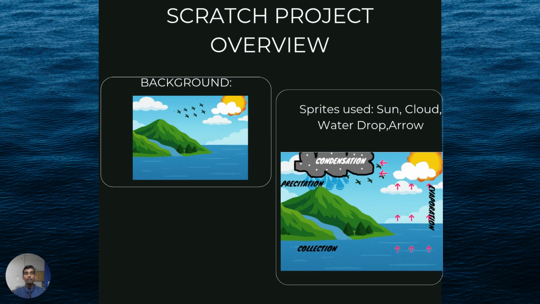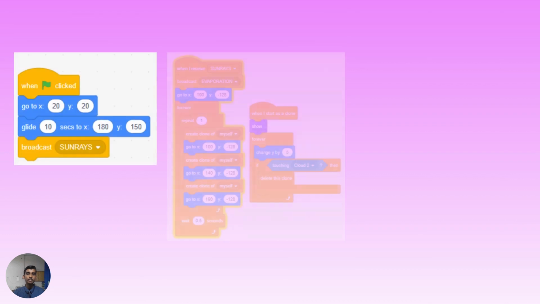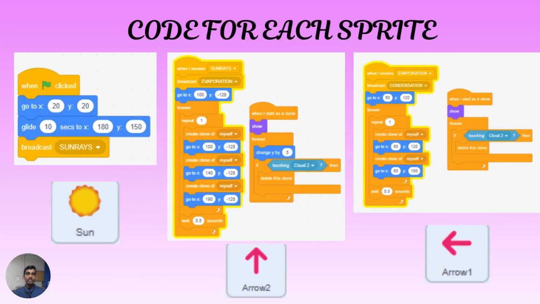So, let's see about the coding for each sprite. First of all, the sun. When the green flag is clicked, the sun will go to x20 and y20 and glide 10 seconds to x180 and y150 and broadcast sun rays.